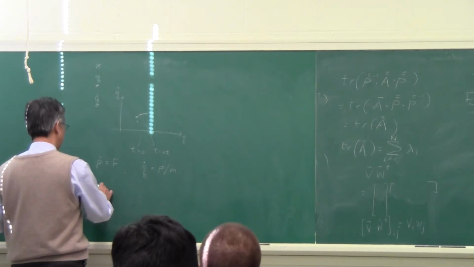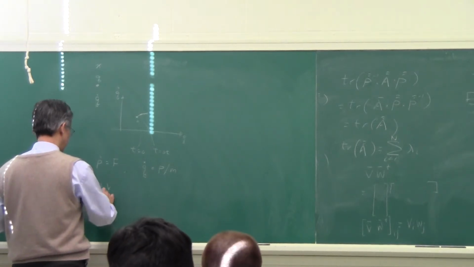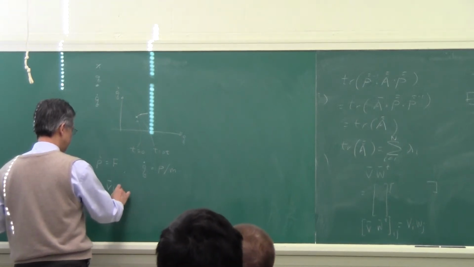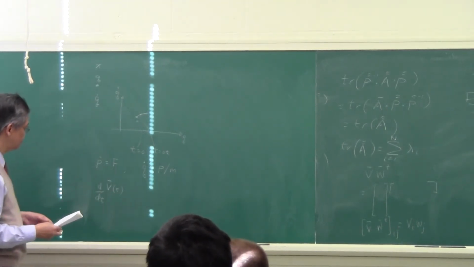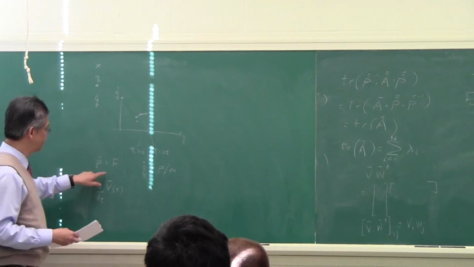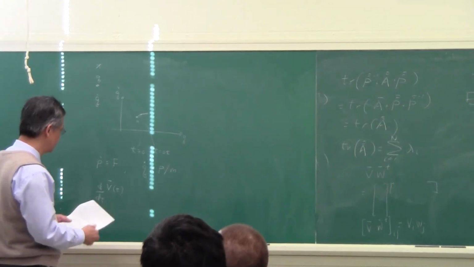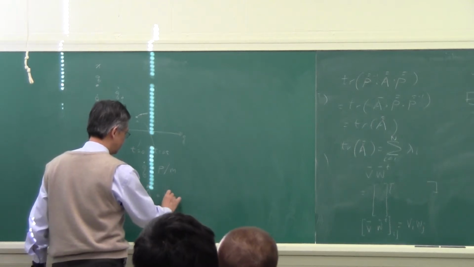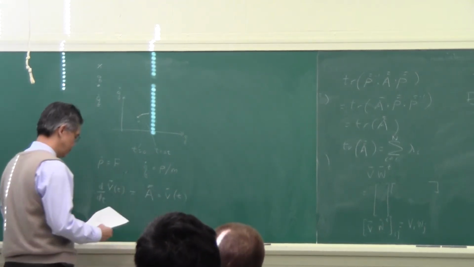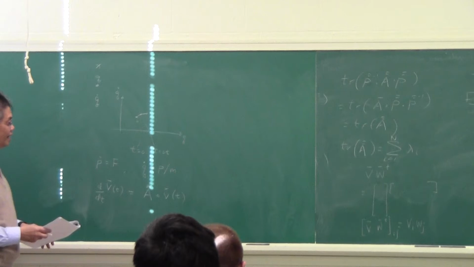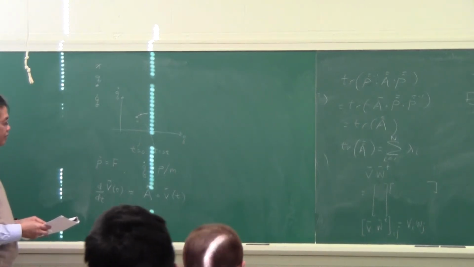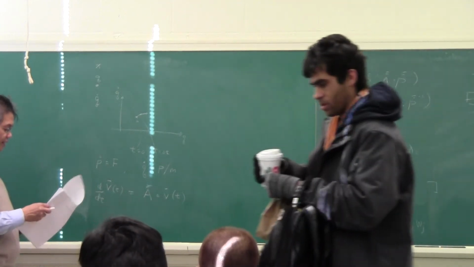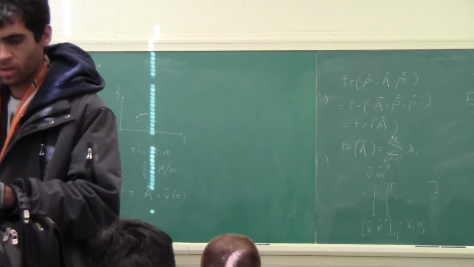For instance, I could write V as consisting of two unknowns, p and q. The equation of motion can be written as a matrix equation such as this one over here. And these are the classical equations.